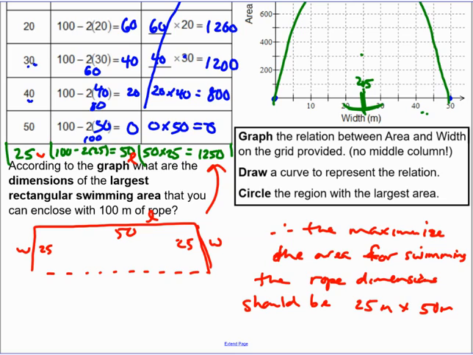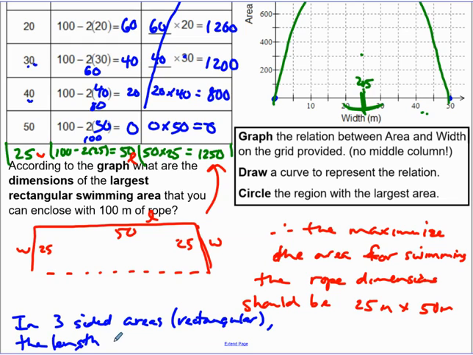So the rule is that in three-sided rectangular areas, the length is double the width.